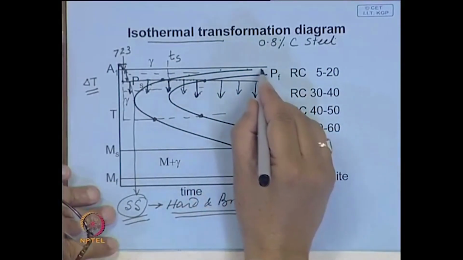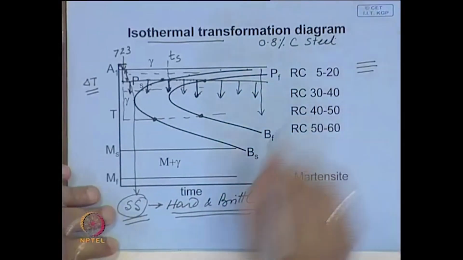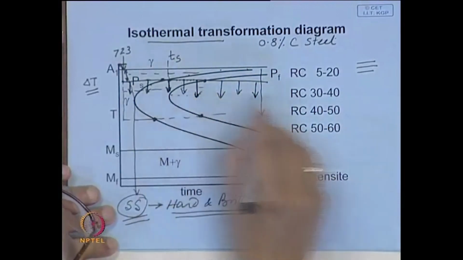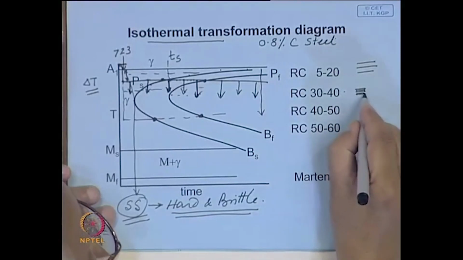Here it is a little coarse pearlite. Coarse pearlite means these lamellae are wide apart. Whereas, if you are cooling somewhere here, these lamellae are much finer.